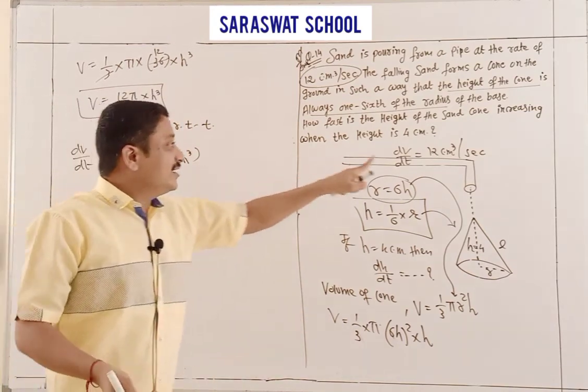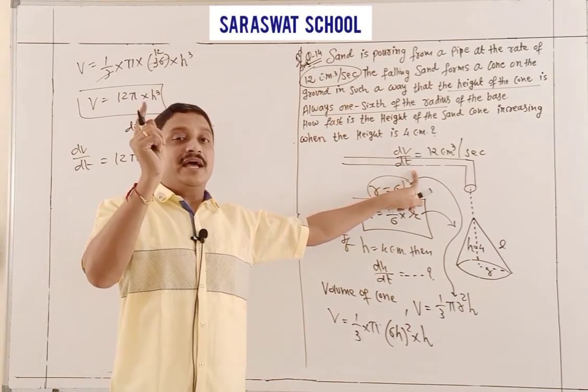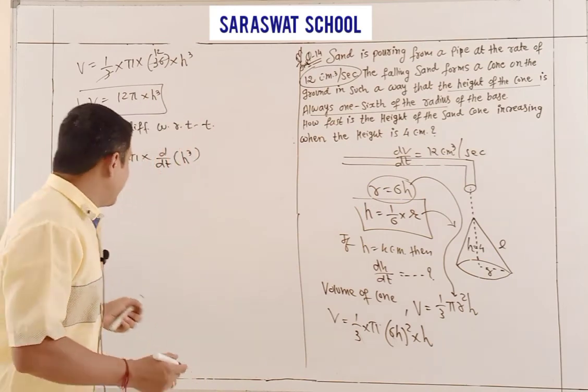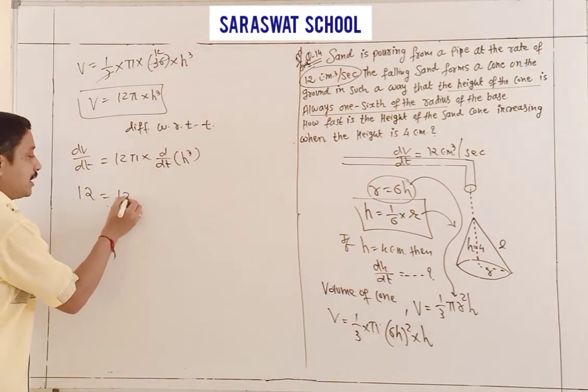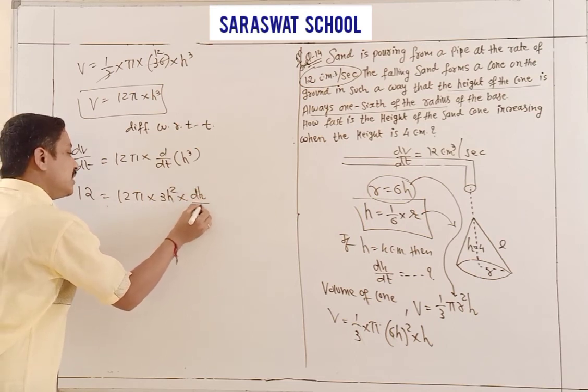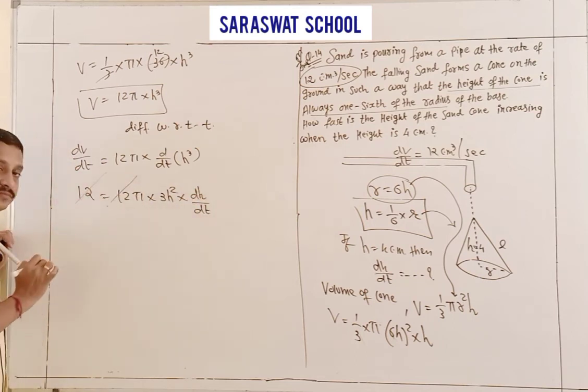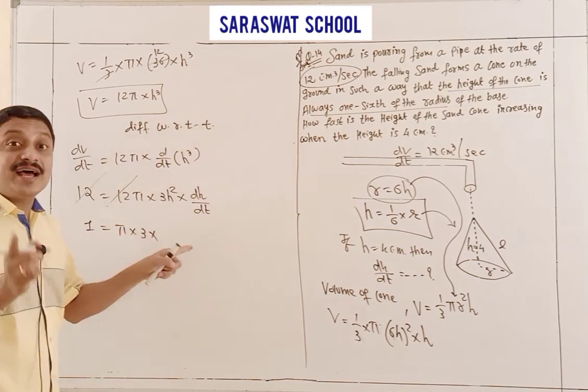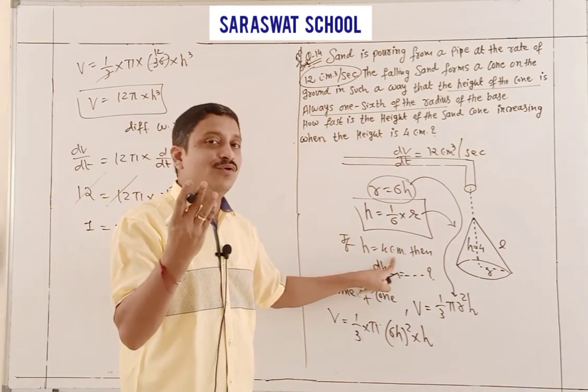dV by dt is given 12 centimeter cube, and check your unit is the same, centimeter, and you apply. It is 12, here 12 pi and 3h square dh by dt. Now 12 by 12 pi 3, and what is the h? 4 cm.